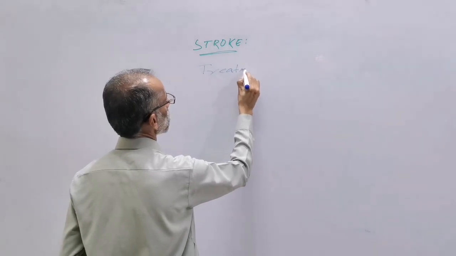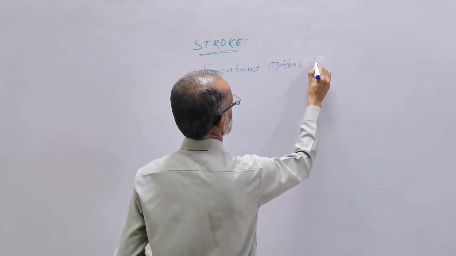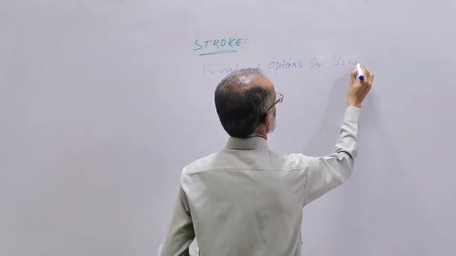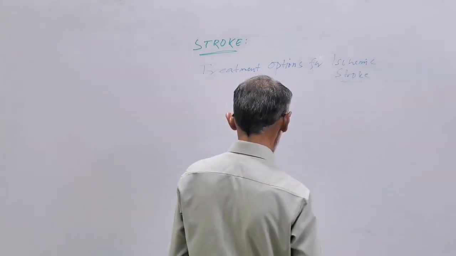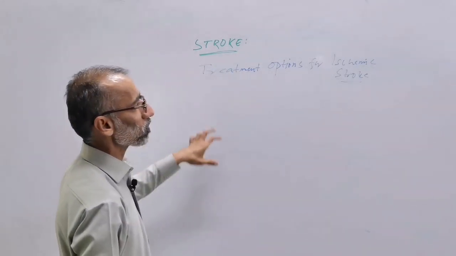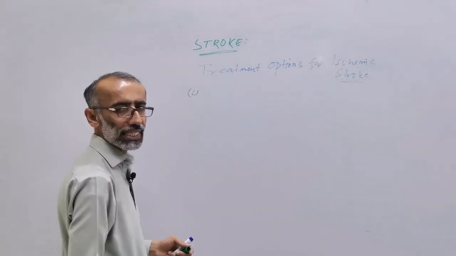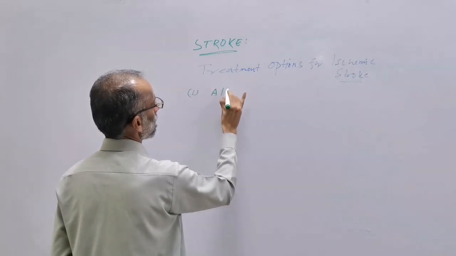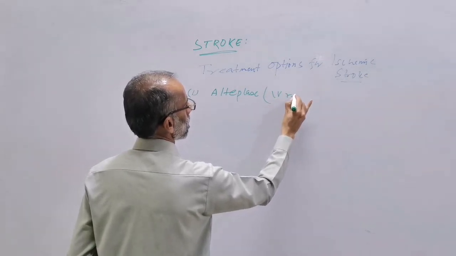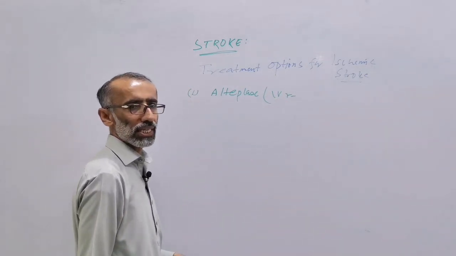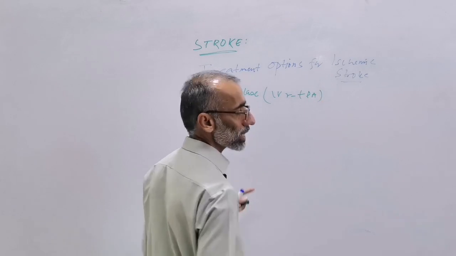Treatment options for ischemic stroke. First, we will discuss the treatment option for ischemic stroke. The definitive treatment for ischemic stroke is alteplase. Alteplase is actually a recombinant tissue plasminogen activator.